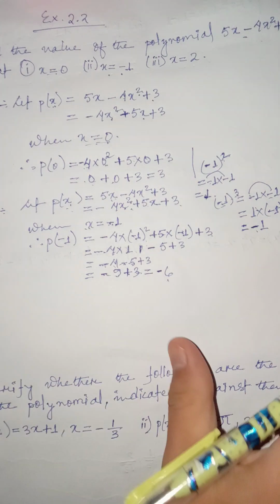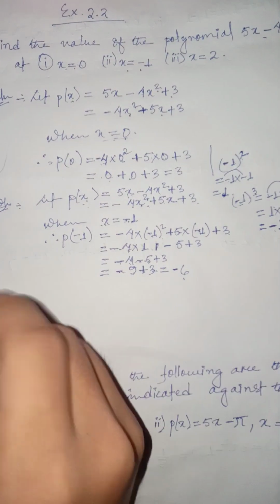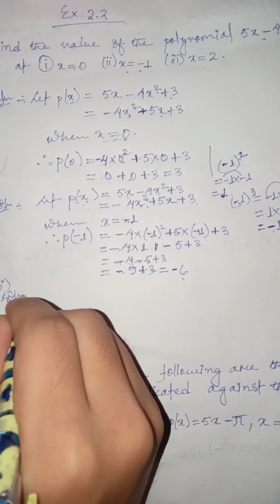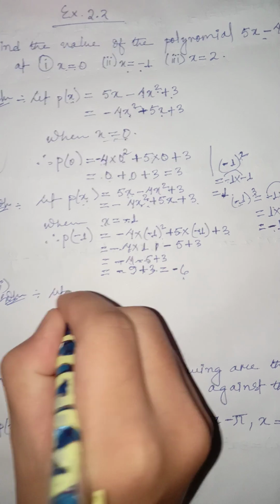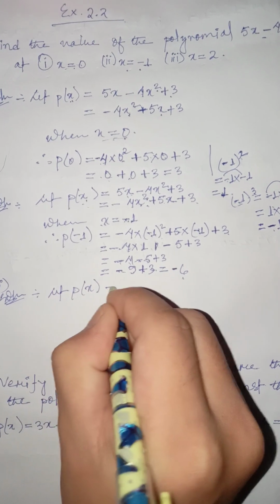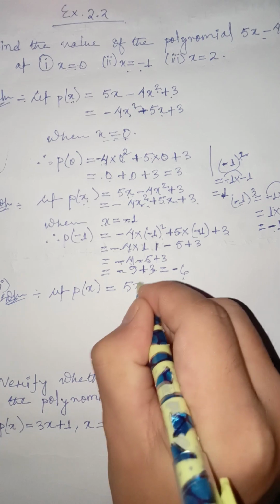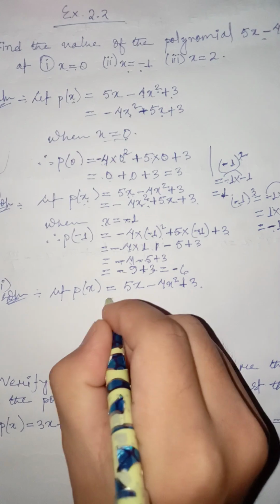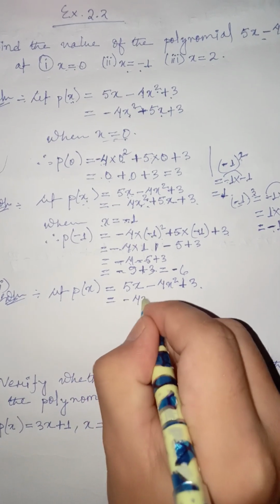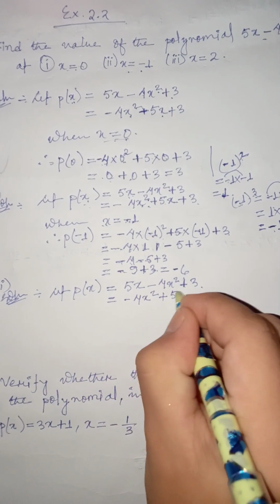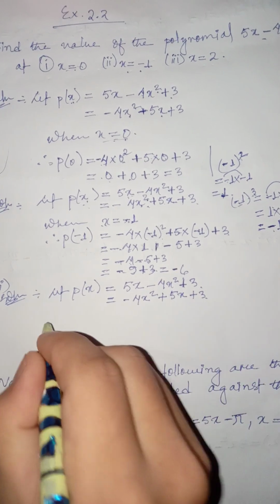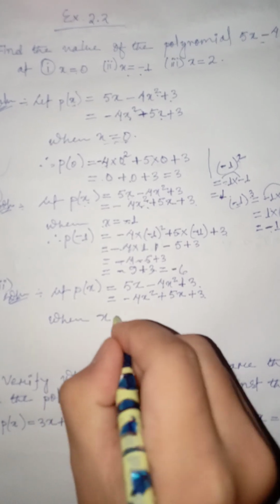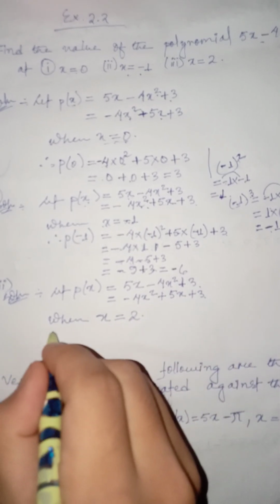Is it clear to all of you? Then let us move to Roman number 3. What do we have in Roman number 3? In Roman number 3, we have to put the values of x is equal to 2. What is the values of x that we are going to put? In Roman number 3, we will put x is equal to 2.